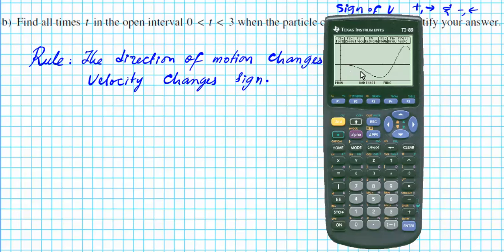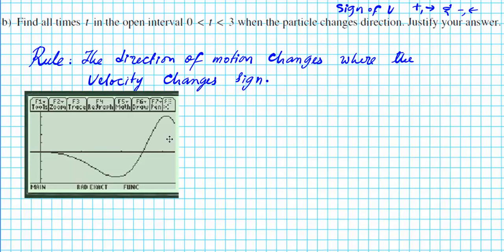So now let's see what this velocity function tells us about the direction of the motion of the particle. I grabbed a screenshot from the calculator. This is 3 right here, so this is where we stop our consideration of the function. One thing you'll notice is that at 0, it's at rest.